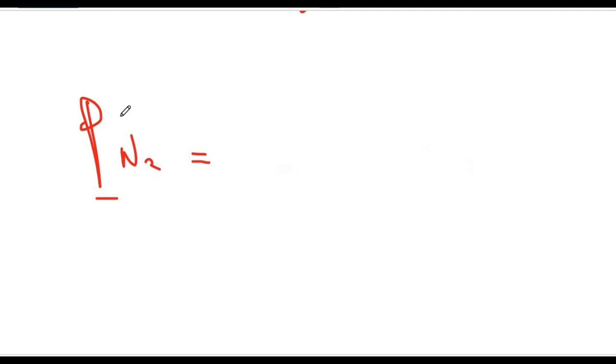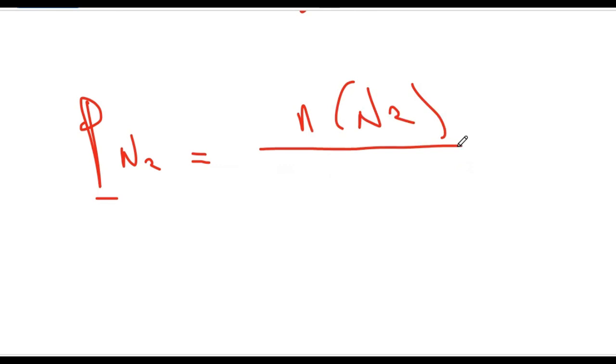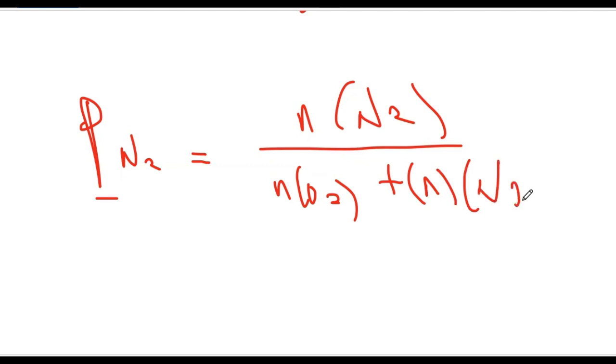So the partial pressure of this nitrogen should be equal to the moles of this nitrogen gas divided by the moles of oxygen plus the moles of the same nitrogen gas, like that.